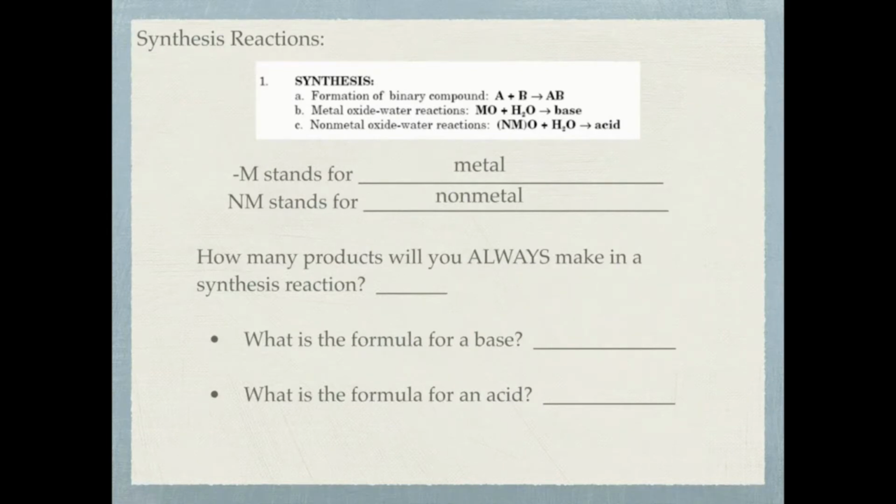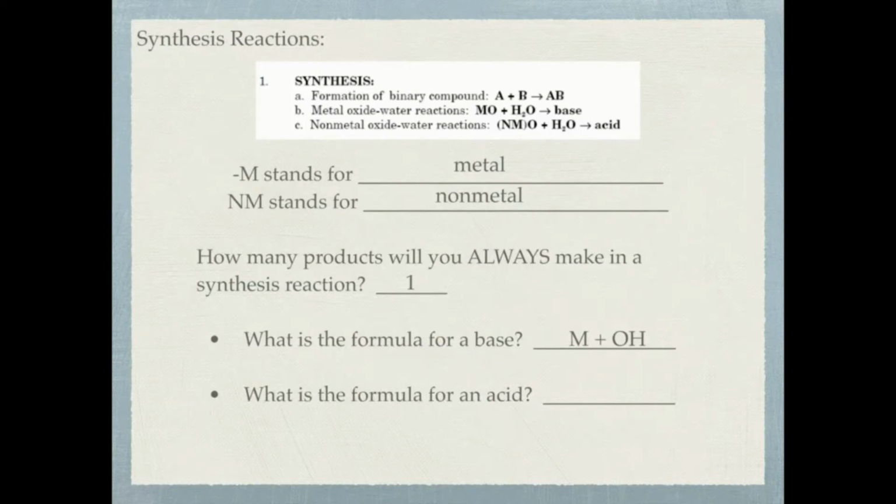Now, for synthesis reactions, you're always going to produce one product. If you're going to be forming a base, what makes a base is that it is a metal and hydroxide. In order to write the formula for this, because this is going to be an ionic compound, you need to cross your charges.